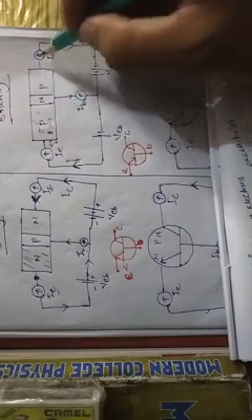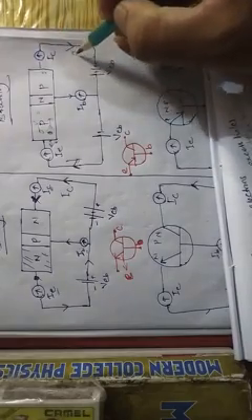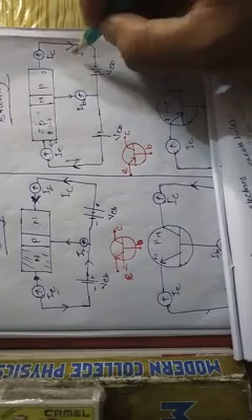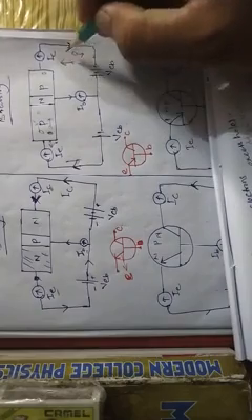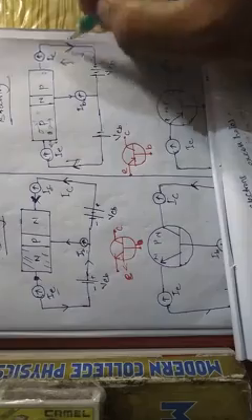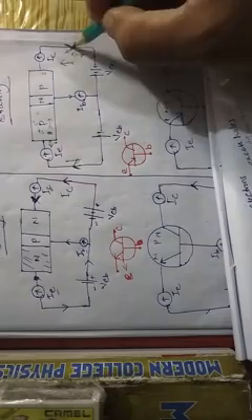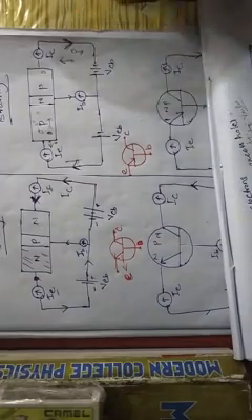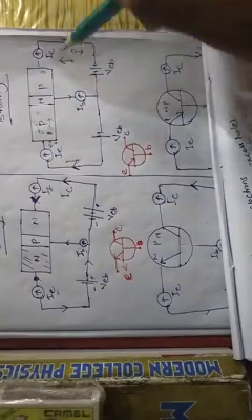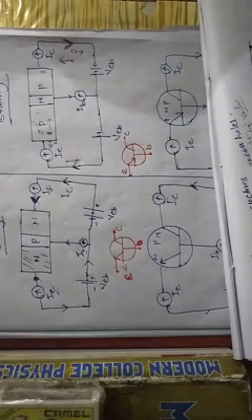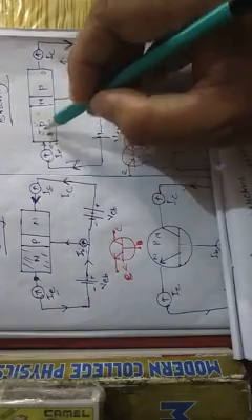See here, as it is negative, the holes will be attracted, holes will move in this direction, and the corresponding electrons will move in this direction. Electrons in this direction means current will be in this direction, right? Either you consider this concept to determine the current direction in the wire, or you can consider the direction in which the hole is moving, that direction the current is moving, right? Here the hole is moving this side, so current will move this side.